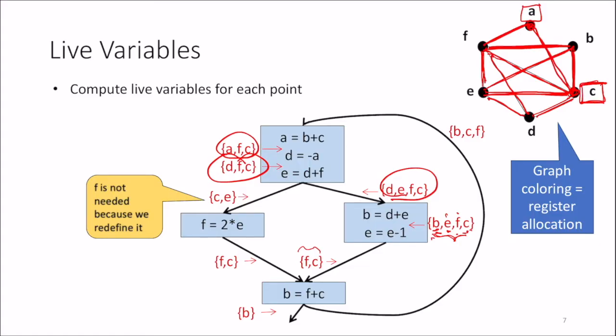So think of the registers as having colors instead of names. The blue register cannot be assigned to both A and C because they're connected via an edge. So A and C have to be in different color registers. So it's a straightforward way of reducing register allocation into graph coloring.